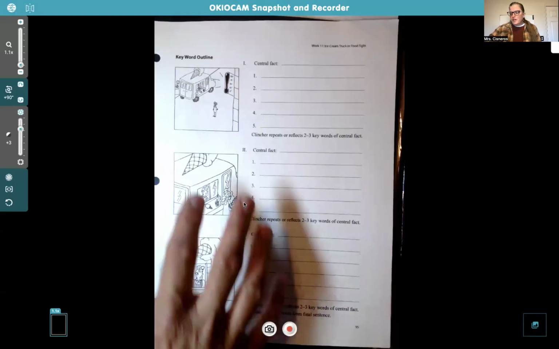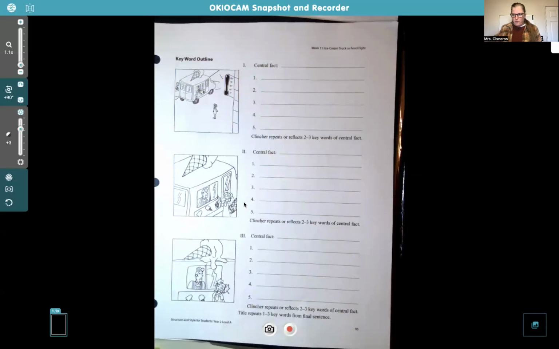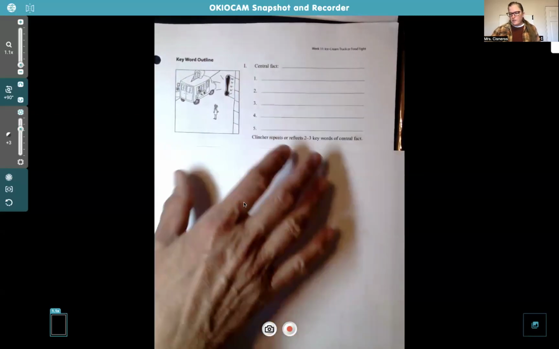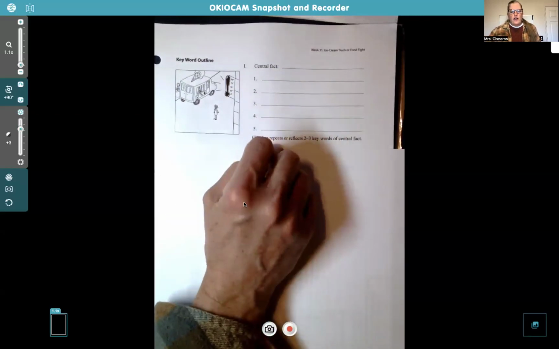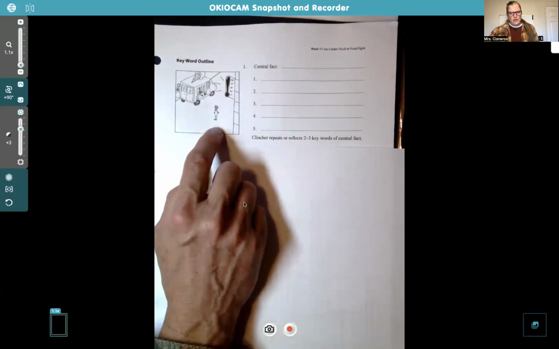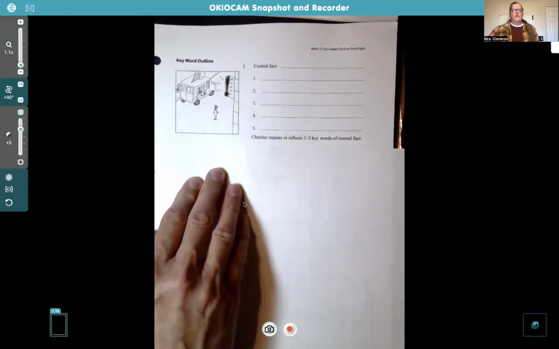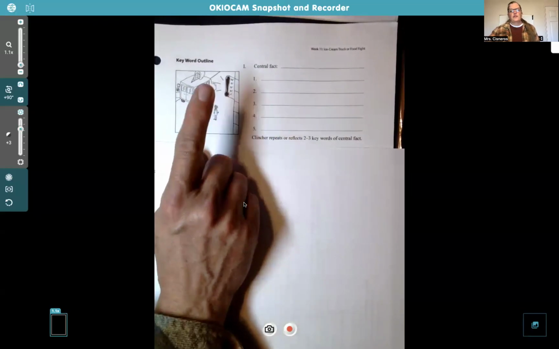Anyway, you look at these pictures now. Each one of these represents a paragraph. Remember that. If I cover this, your first paragraph is going to be all about just this picture. So don't peek ahead, don't write ahead on the other pictures yet. For the first paragraph, you're only looking at this picture.